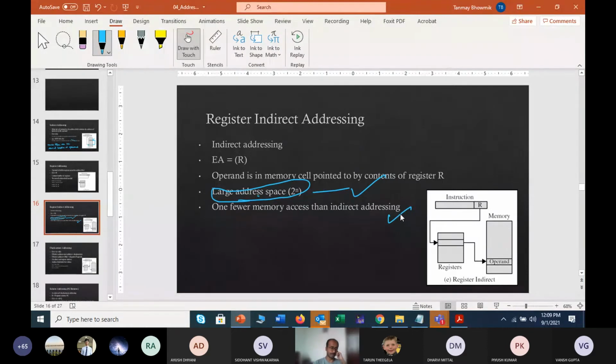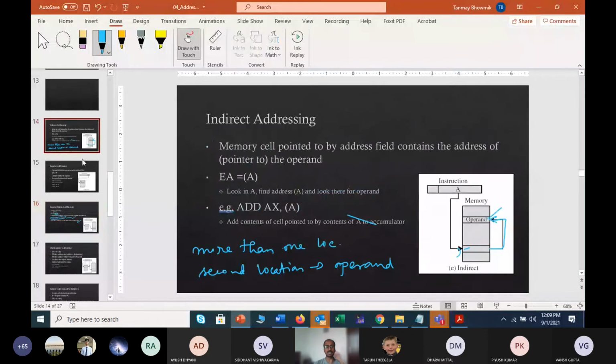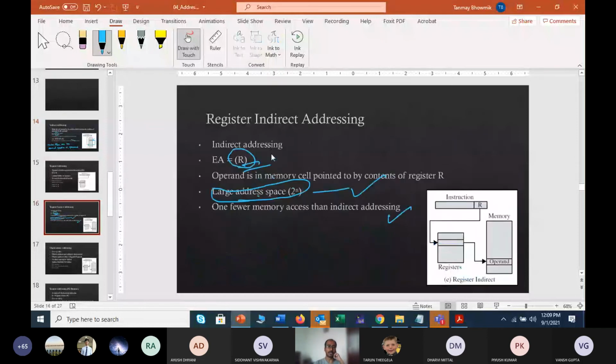Now you can keep your eyes open: when you find this type of parenthesis, whether in the case of a register or a location, it is an example of indirect addressing. You can see parentheses here also, and here also. It was memory and it was register. So this was register indirect addressing.